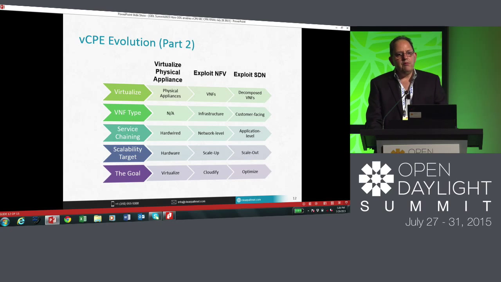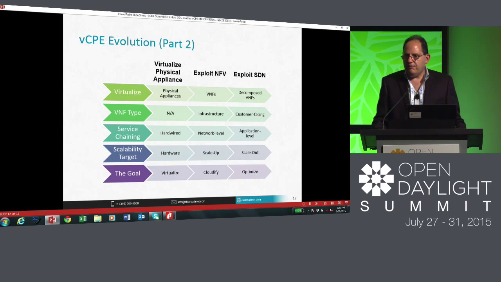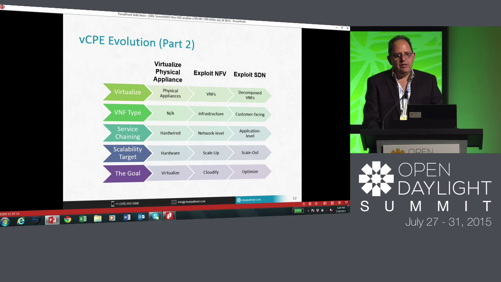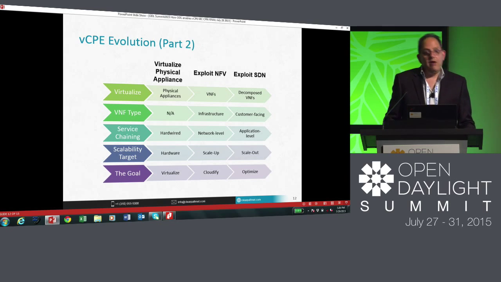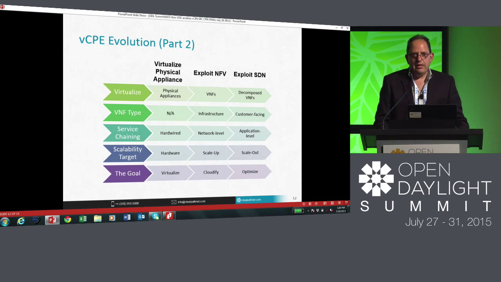And then ultimately, we want to be able to optimize using software-defined networking. So the idea really is to continue the evolutionary path that we've already been on, that virtualization is accelerating and software-defined networking is going to accelerate even further.